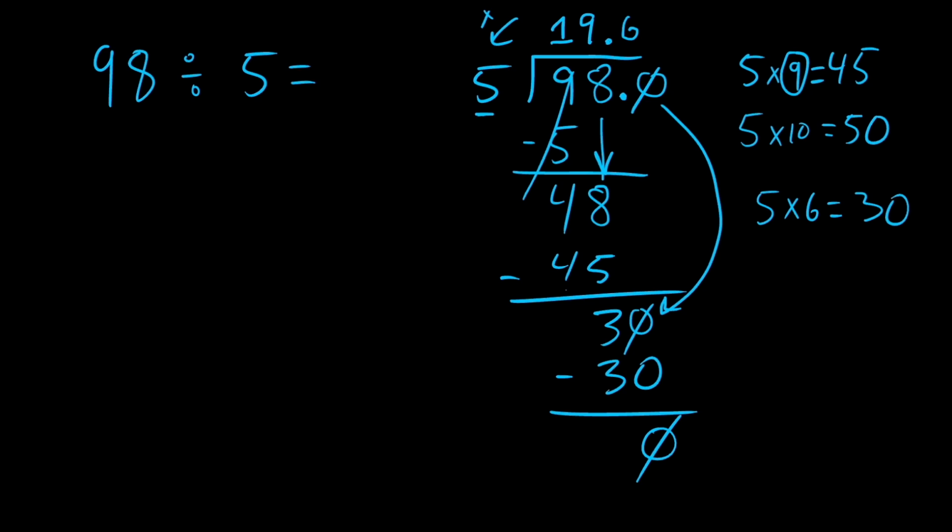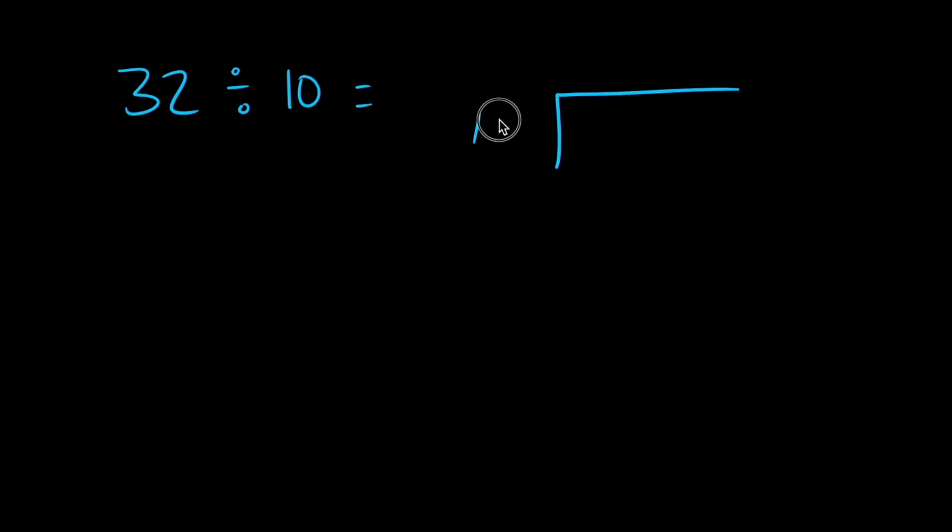All right, let's try another problem for practice. Let's say 32 divided by 10. So let's write this as a long division. The 10 goes outside and the 32 inside. How many times can we fit 10 into 3? You can't, so let's do 32.